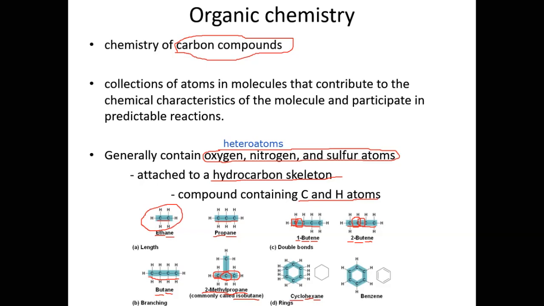Now the last example is a 6-membered ring that has alternating double bonds. And this is a special group of compounds that have this ring in it. This ring is called a benzene ring. So a benzene ring is a 6-membered ring with alternating double bonds. So every other carbon has a double bond.